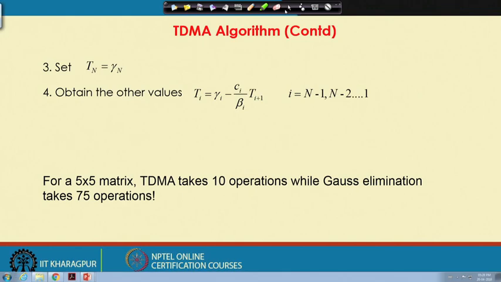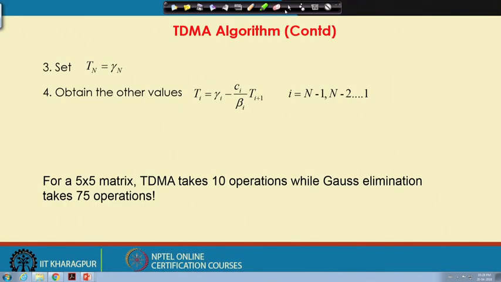For a larger problem, the efficiency will be much more evident, because say for a 100 by 100 matrix, TDMA will take a few hundred operations, about 200 operations, whereas Gauss elimination will take order of 100 cubed, 10 to the power 6 operations.